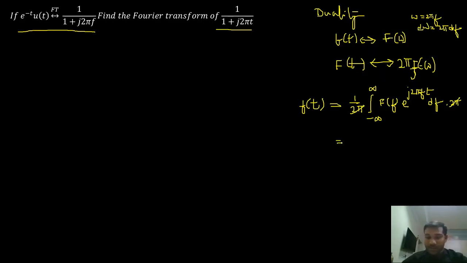And now instead of t, I will write minus t. So I have minus infinity to infinity capital F of f, e power minus j 2 pi f t df.